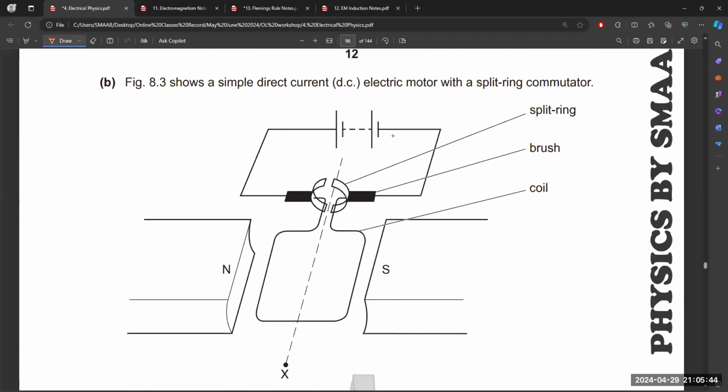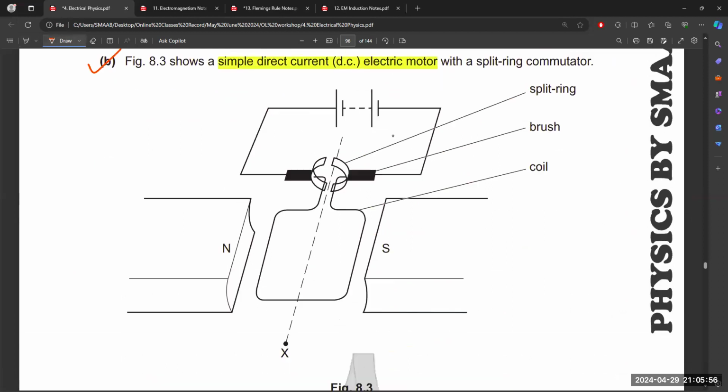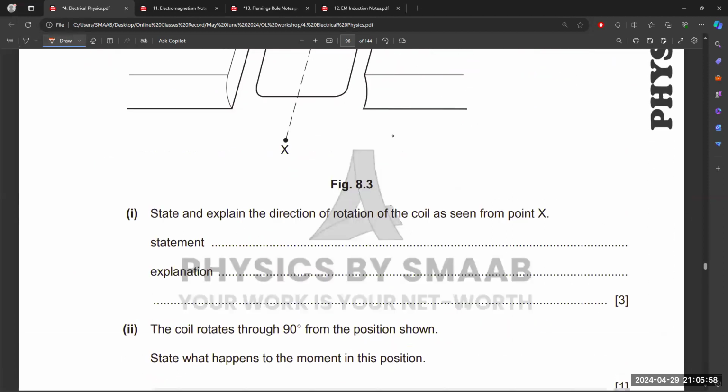Now we have a DC motor, and it shows a simple DC electric motor with a split ring commutator, brush, coil, split ring, north, south.